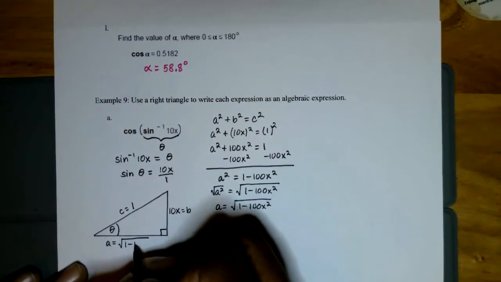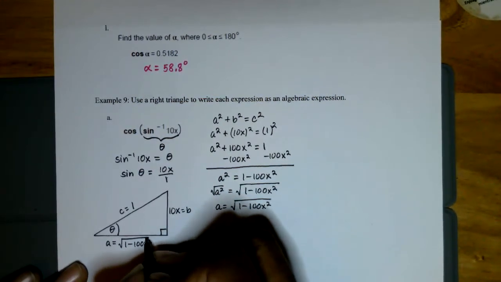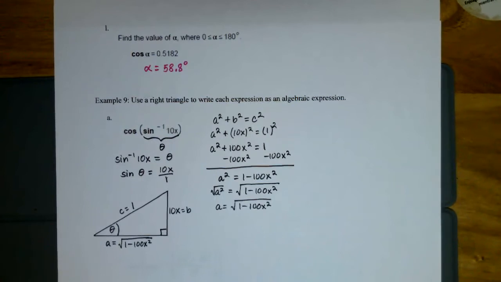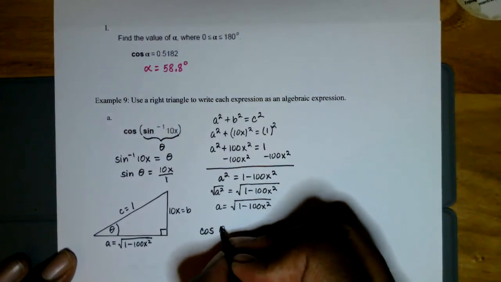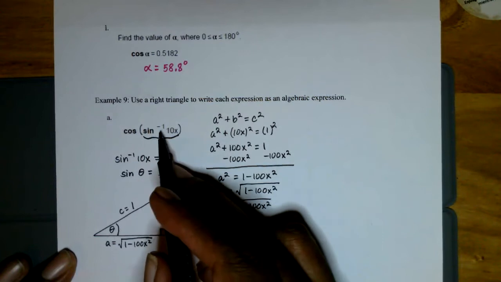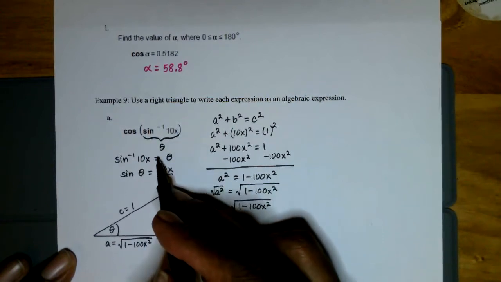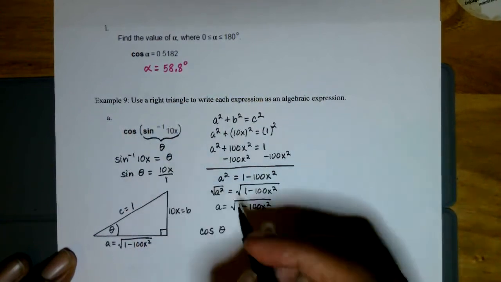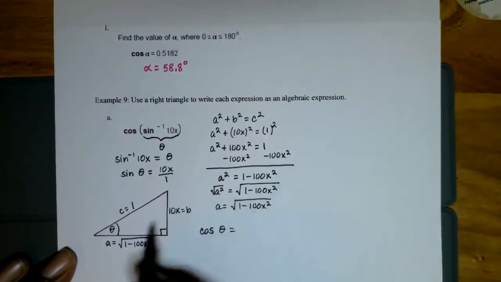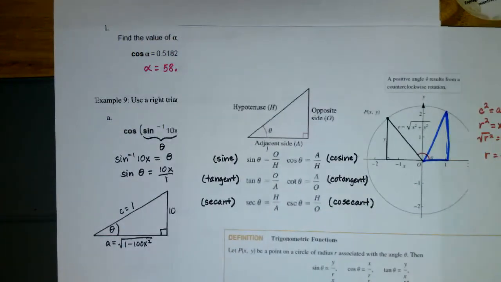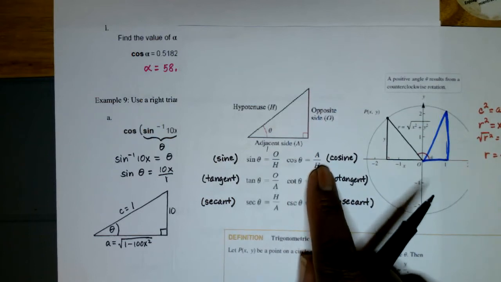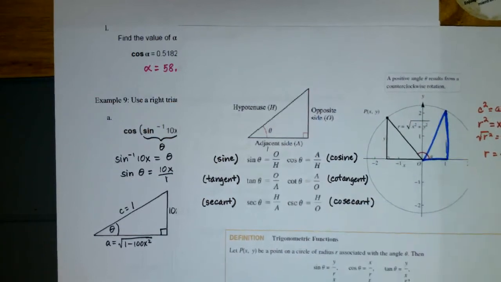So a is equal to the square root of 1 minus 100x squared. Now for this, I can find the cosine of theta. Since I'm letting the inverse sine of 10x be theta, I can find out what cosine of theta is from this triangle. If you recall, cosine of theta is going to be the adjacent side over the hypotenuse.